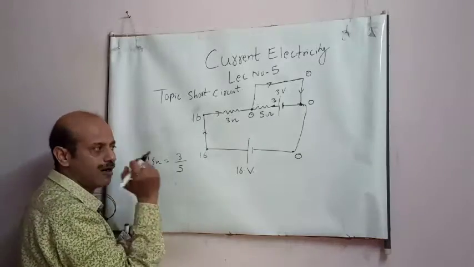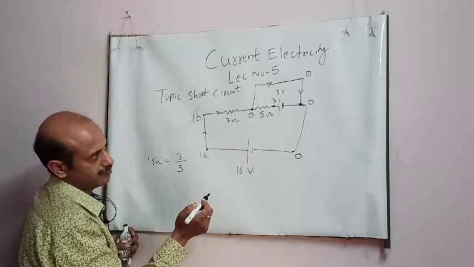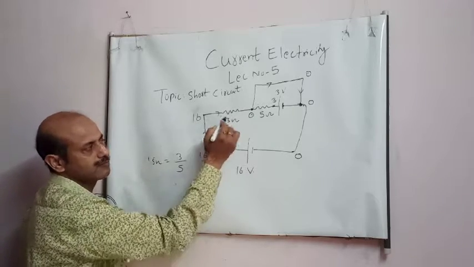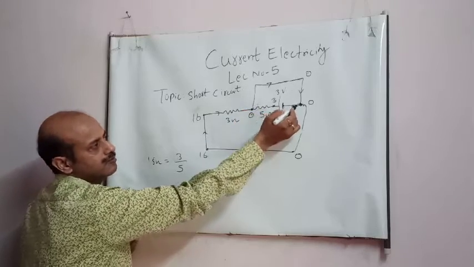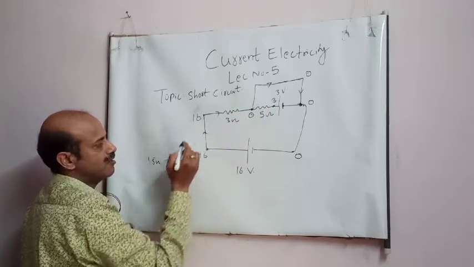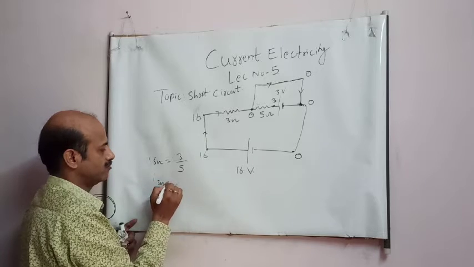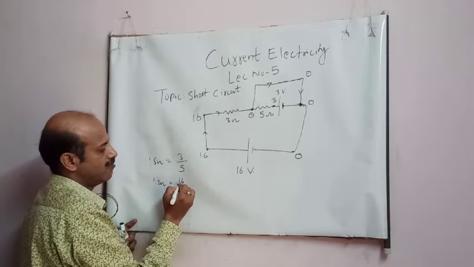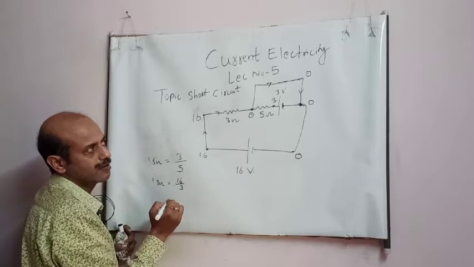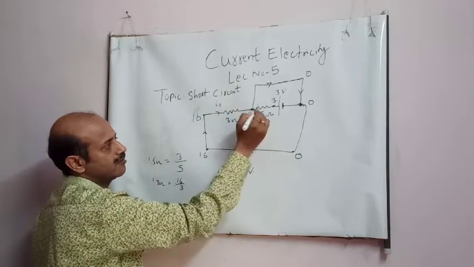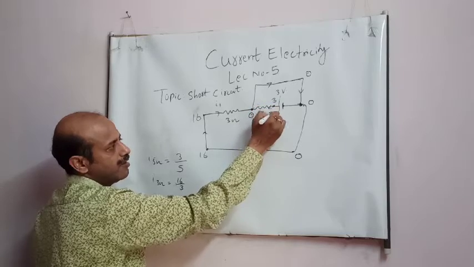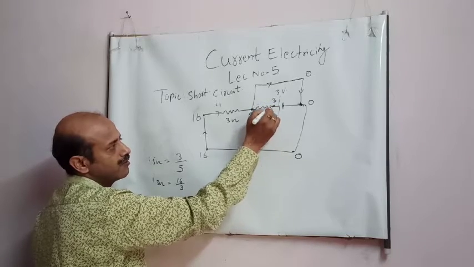Now student, how much is the current through this resistor? This is 3, this is 0. The current through this resistor, the 3 ohm, is how much, student? 16 by 3. Now see, from here say I1 current is flowing and this current I am naming I2.